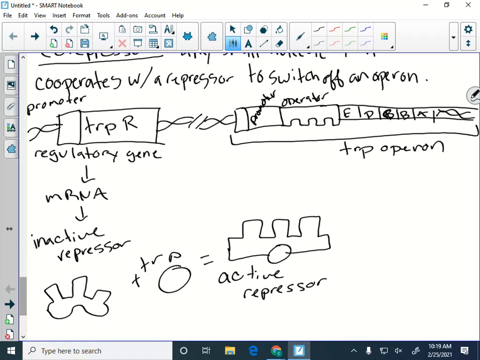When it is active, it will repress the synthesis of this. This repressor will bind to our operator and stop RNA polymerase from going through and making the enzymes that will make tryptophan.